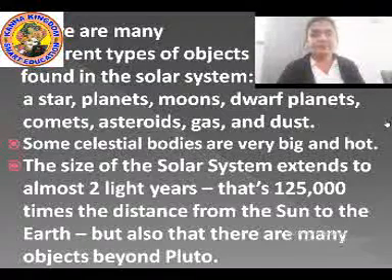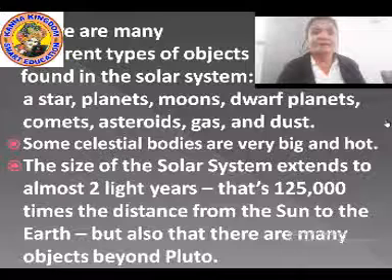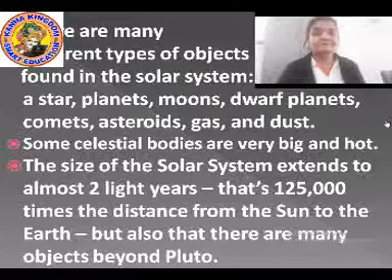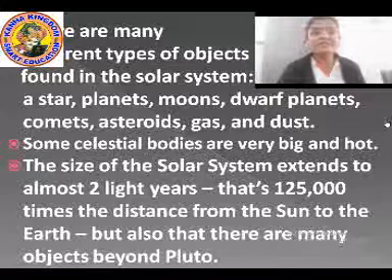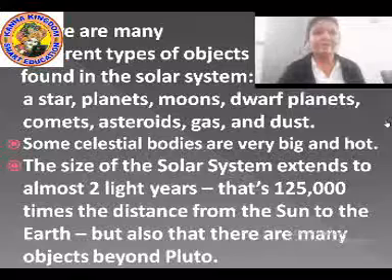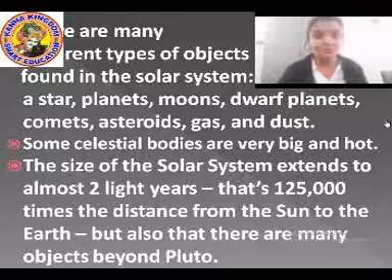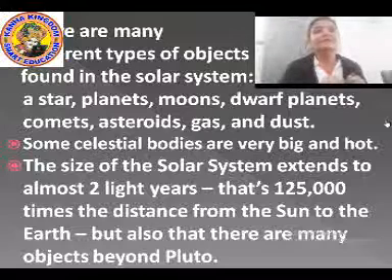Now here we will again revise the objects found in the solar system. There are different types of objects found in the solar system, as I told you before. Which are they?